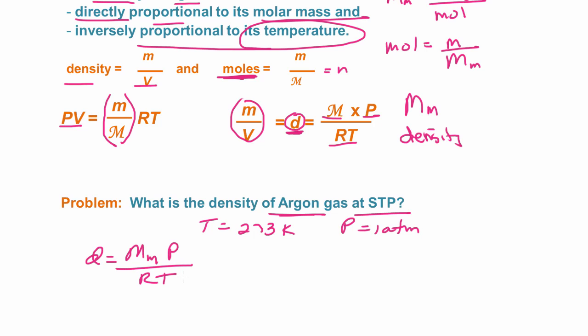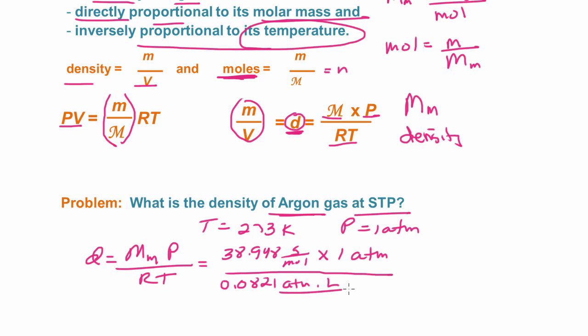So for 1 mole of argon gas, I look up the molar mass, and it's 39.948 grams per mole. And at STP, we have 1 atmosphere. And we divide that by R, 0.0821 atmosphere liters per mole Kelvin. And we multiply that by 273 Kelvin.